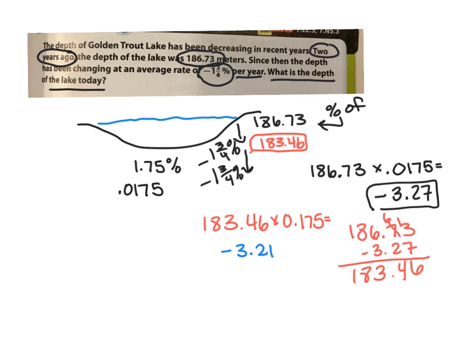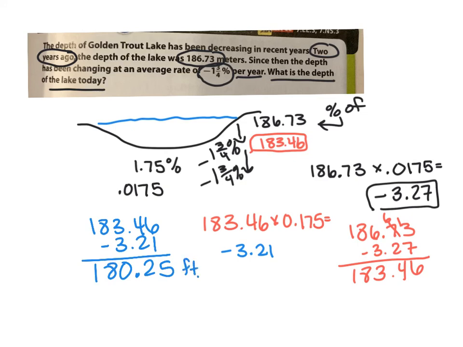So I'll now do my subtraction. 183.46 was where it was after 1 year. The second year took another 3.21 out of there, and that left me with 180.25 feet. Sorry, that's meters. Meters.